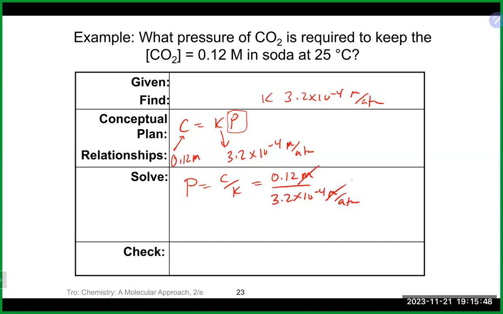When we divide it out, our molarities are going to cancel, and our atmospheres will end up on top, which would be 0.12 divided by 3.2 to the minus 4. That is going to give me a pressure, I think, of 375 atmospheres, which is a pretty high pressure there.